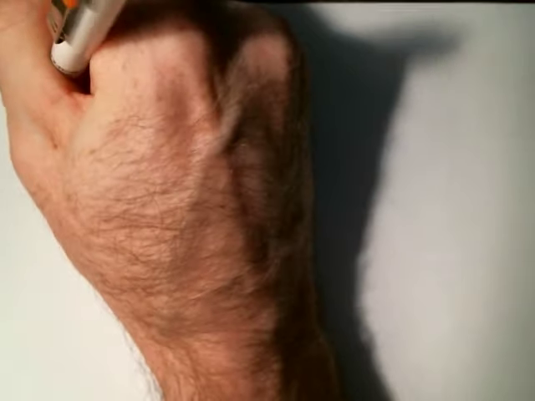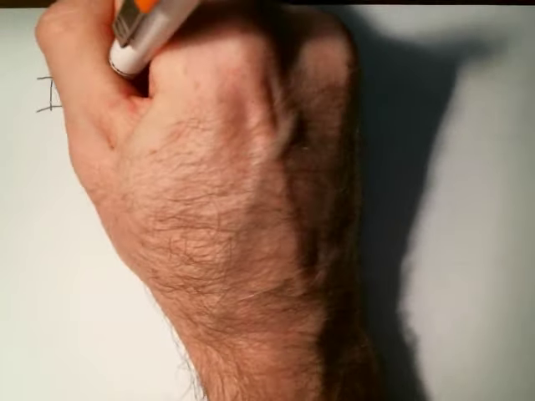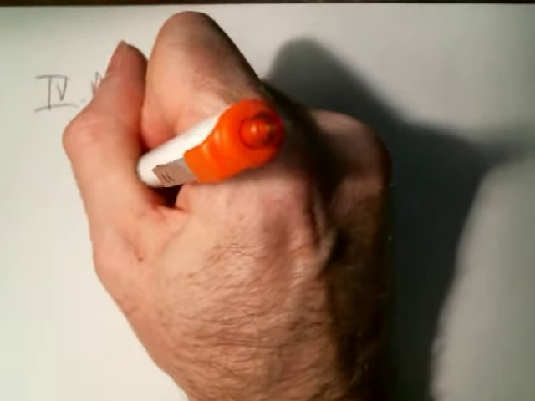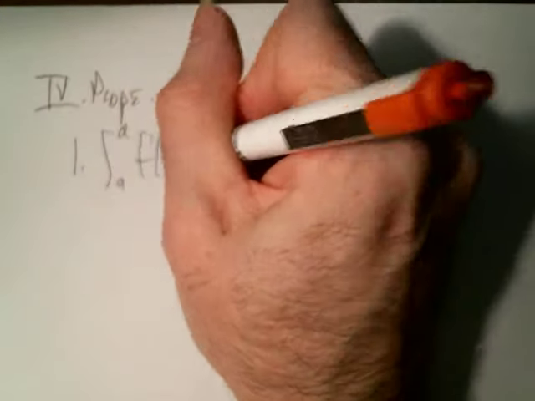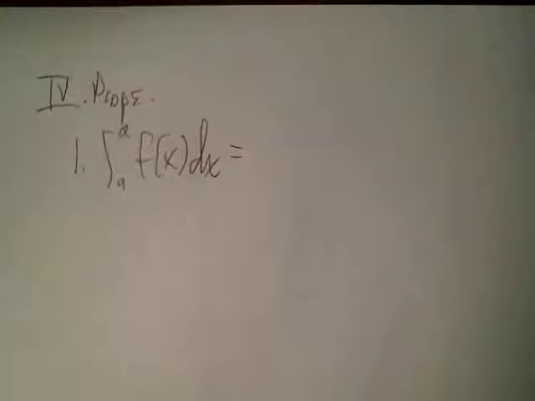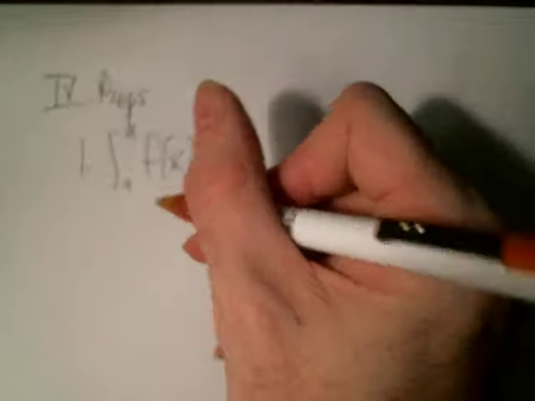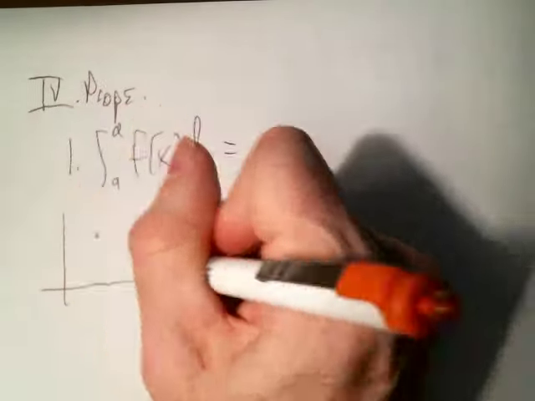In the end, the book's going to give you a bunch of basic properties of integrals, which you can kind of intuitively think about. So, 4 properties of integrals. Firstly, the integral from a to a of f of x dx. You can think of that as the area underneath the curve from a to a. What's the area underneath just a point?